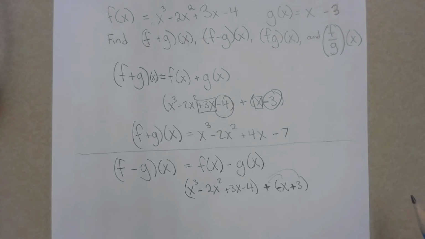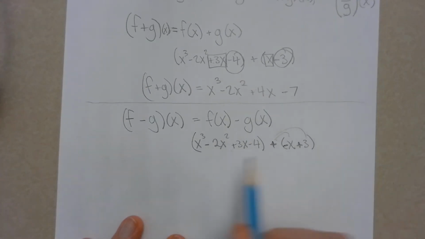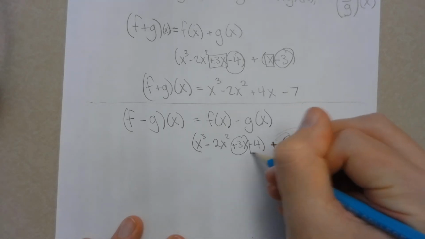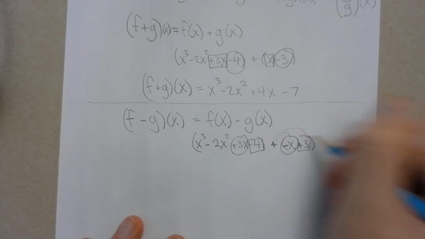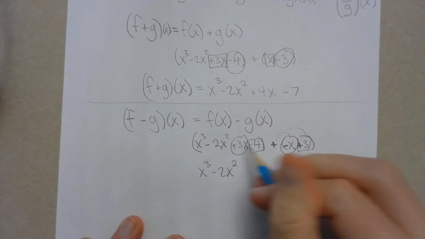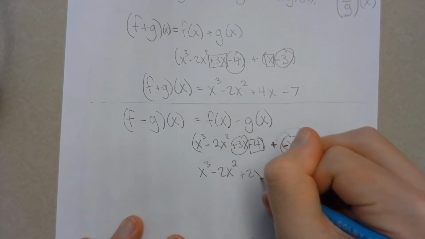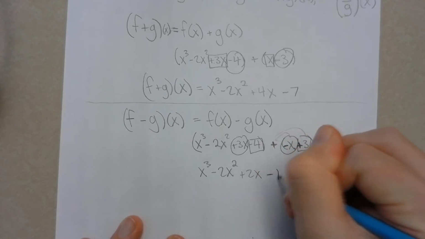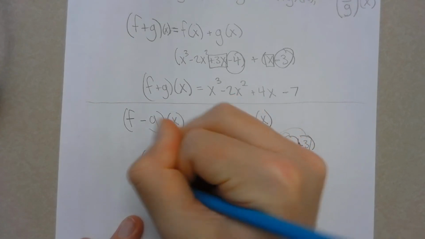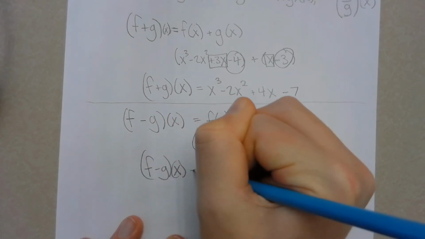Okay, combine like terms, same as before. 3x and negative x, negative 4 and positive 3. So I get x cubed minus 2x squared plus 2x minus 1. Okay, and that's what f minus g of x is equal to.